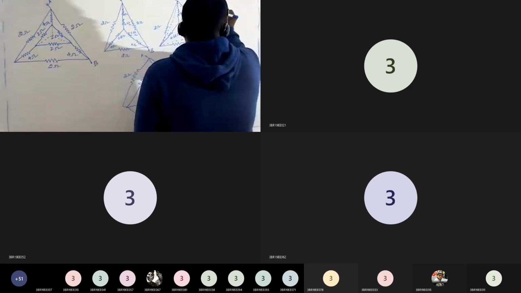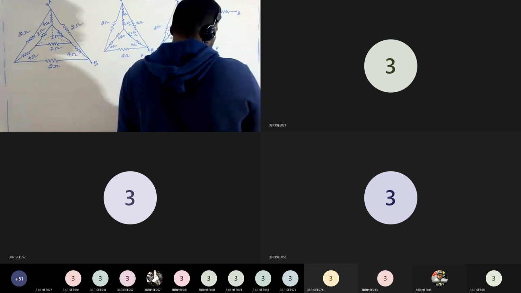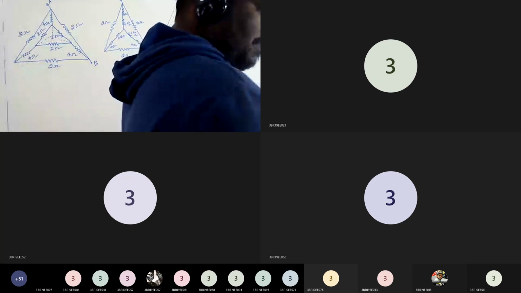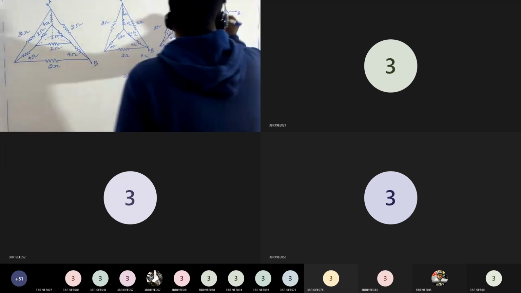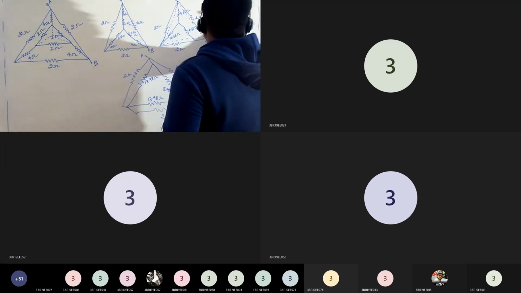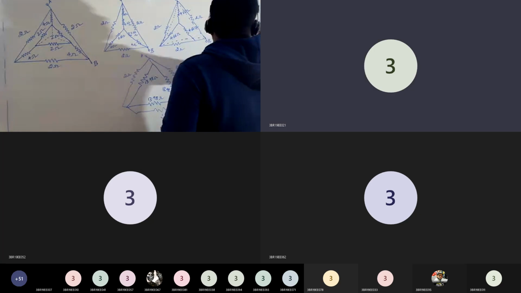This is the last step, we are at the solution. This is the equivalent resistance across terminals A and B: 3.5 into 1.75 upon 3.5 plus 1.75 is 1.16 ohms. Therefore, the equivalent resistance is 1.16 ohms.